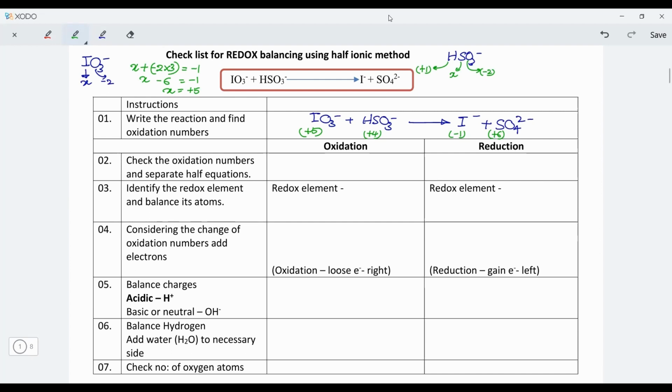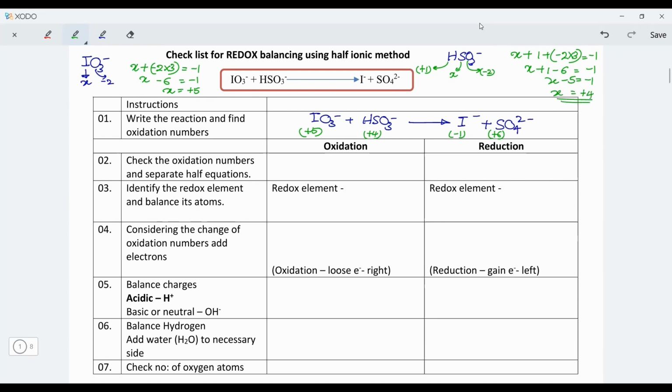Then you can do the calculation. x plus 1 plus minus 2 times 3 equals the charge. Here the charge is minus 1. Then x plus 1 minus 6 equals minus 1, so x minus 5 equals minus 1, and finally x will be equal to plus 4.